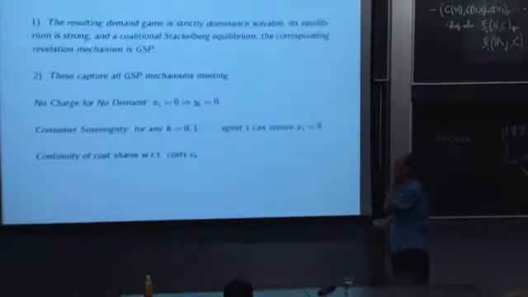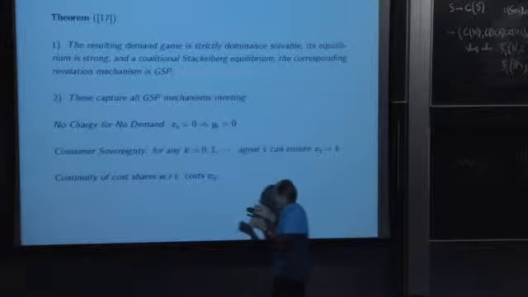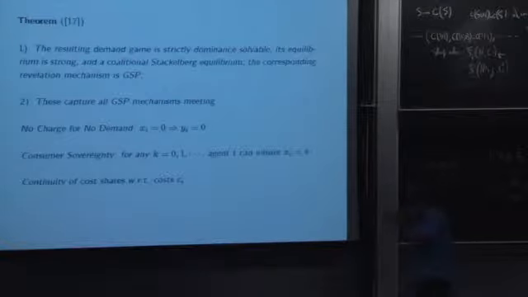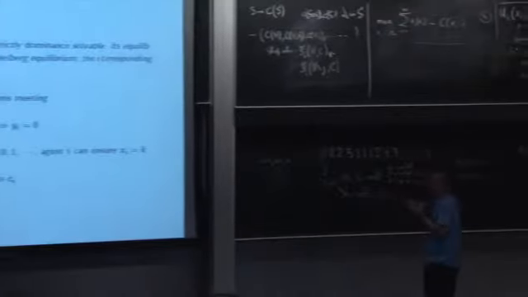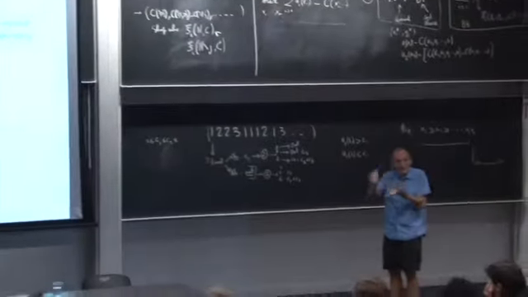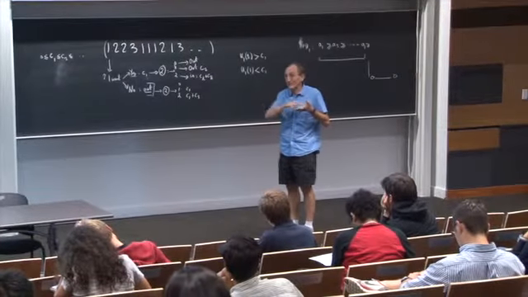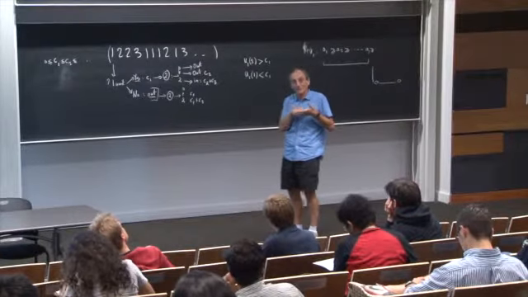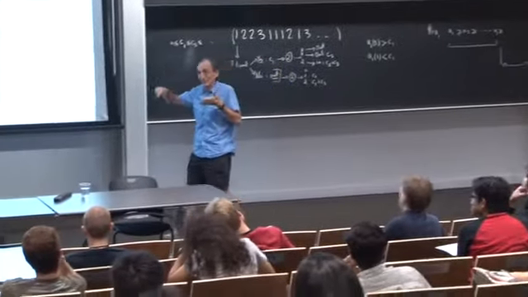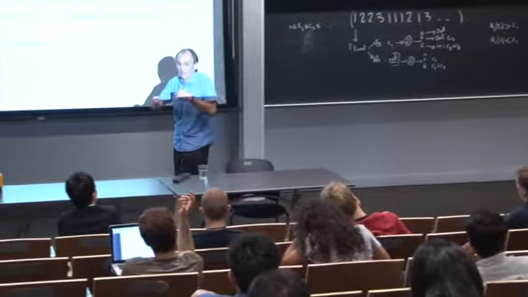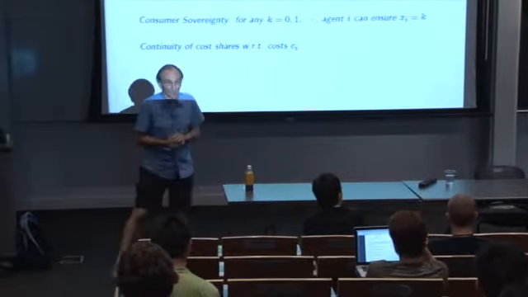The key step in the proof is, as I mentioned earlier, that under consumer sovereignty and GSP, you can show relatively easily that your mechanism, which is in general a revelation mechanism, must in fact determine a cost-sharing rule. In other words, each time you implement a certain list of consumptions x1, ..., xn, you must also implement the same list of cost shares. Therefore your mechanism defines the cost-sharing rule, and that's how the proof proceeds.